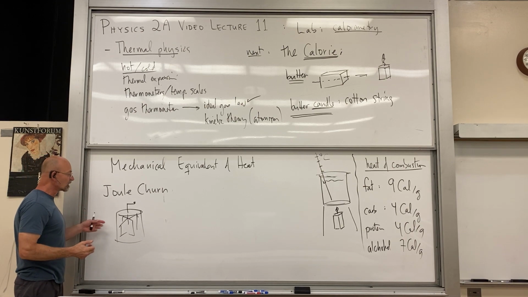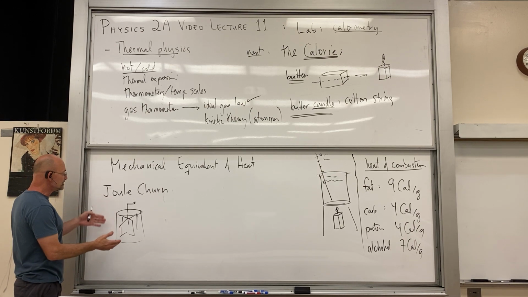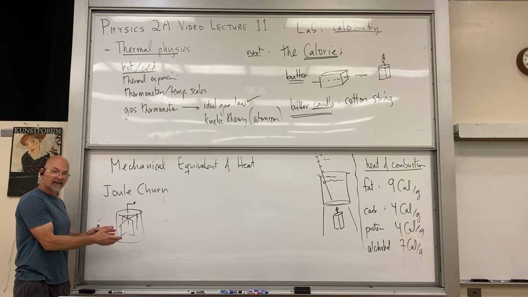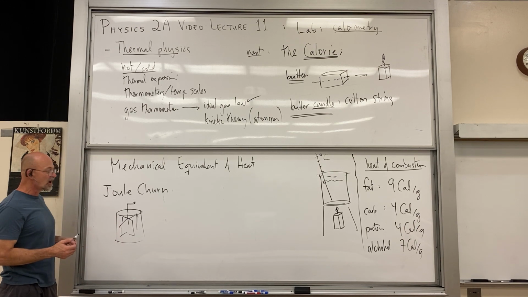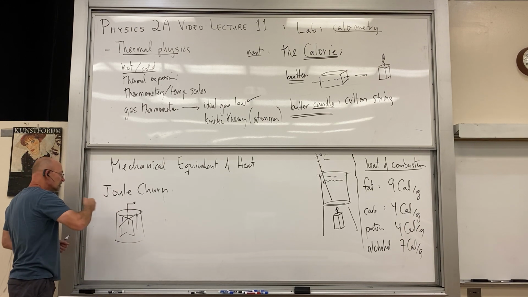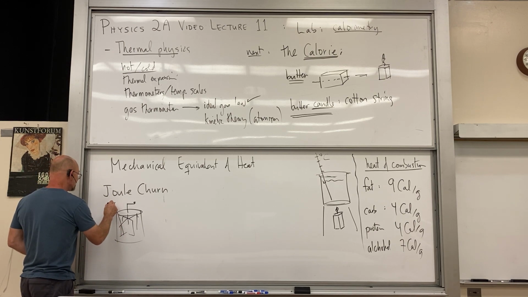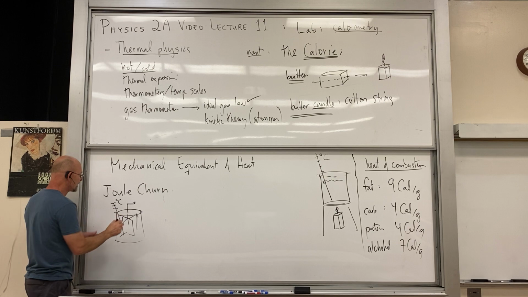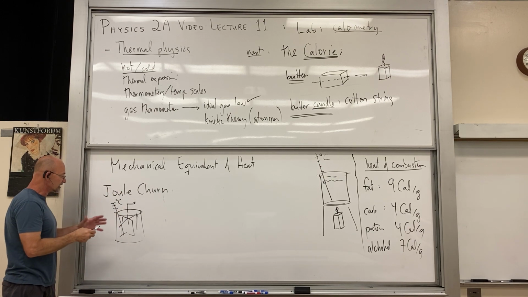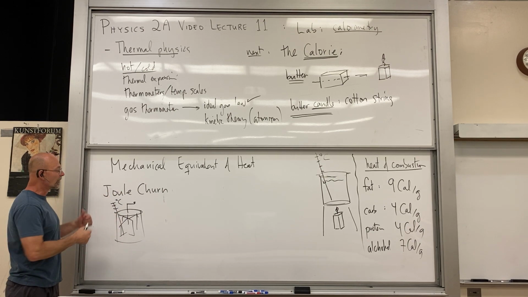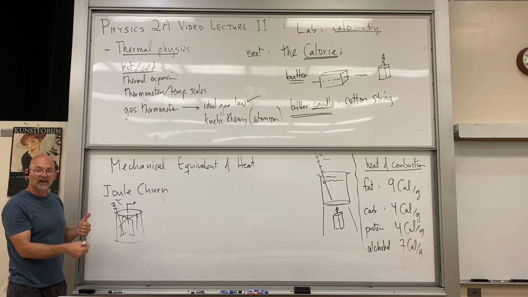And if you're doing work, that means you're putting energy into the water there, and that is actually raising the temperature of water. So the Joule churn, churning this thing, doing work on it, let's imagine there's a thermometer in here, and as we churn the water, the temperature increases. So mechanical work turns into calories.